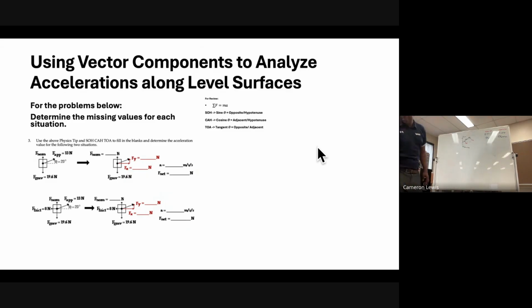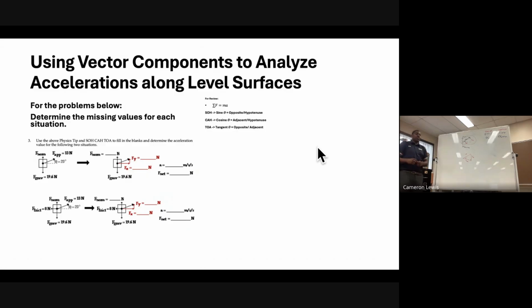Now right here, let's look at this real quick. I could pull this whole thing out and now I have a vector triangle, right? This is 13. This is 23 degrees. I need to find out what my Y is, what my X is.